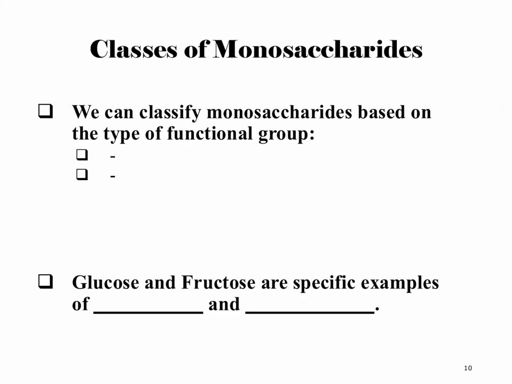Okay, and so how do we classify monosaccharides? We classify them based off the functional group. We have a suffix of -ose. So you'll notice most carbohydrates have an -ose ending. That lets us know that this is a saccharide or a carbohydrate.